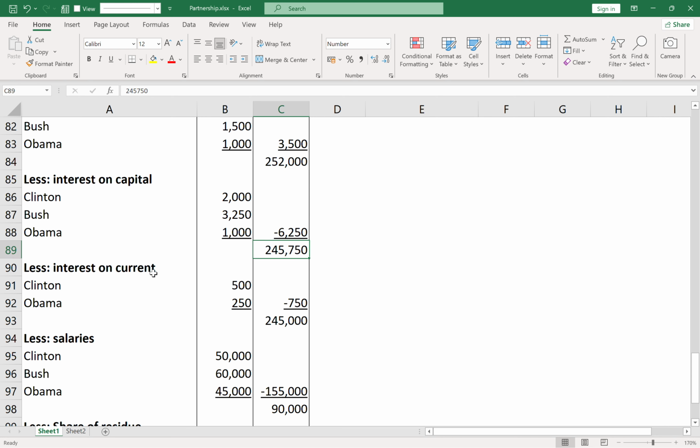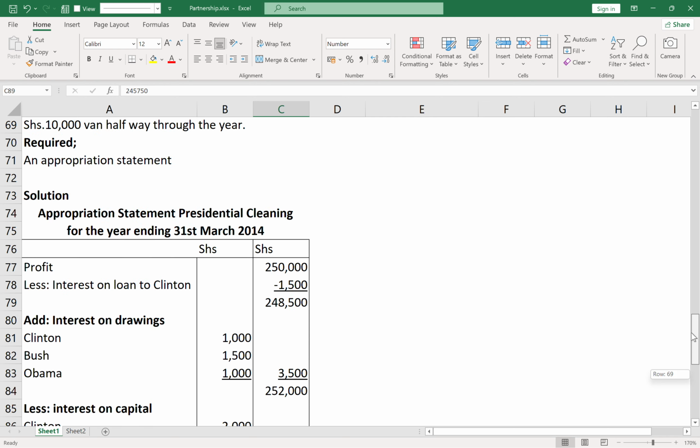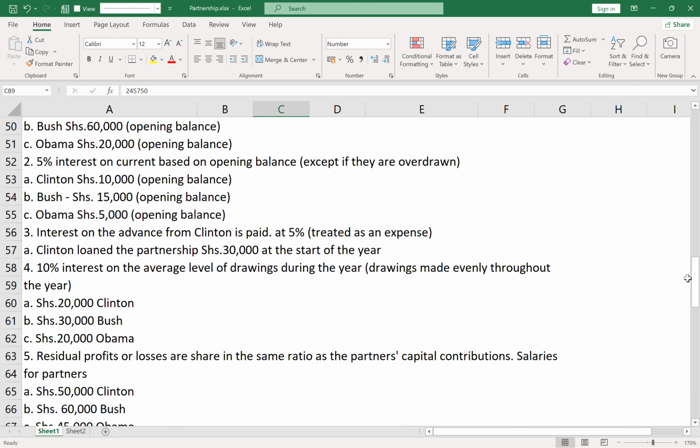We shall also have to deduct interest on current accounts. We have been told 5% interest on current account based on the opening balance, except if they are overdrawn. Bush had an overdrawn balance, so we are not going to calculate interest on that.